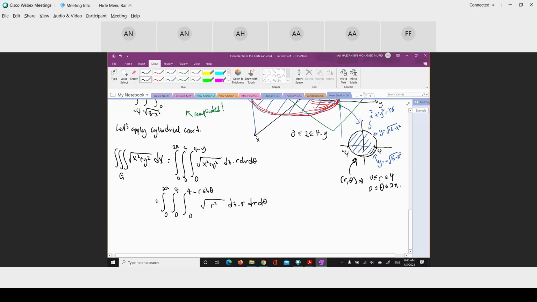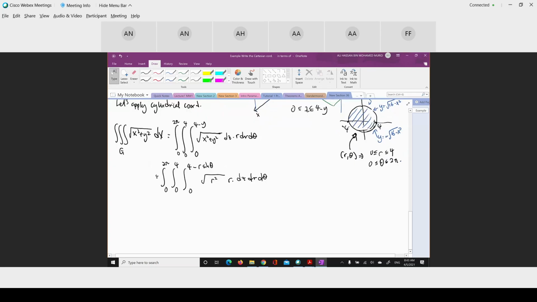Let me put that r in front. You see, it has a much simpler looking form than the Cartesian triple integral.